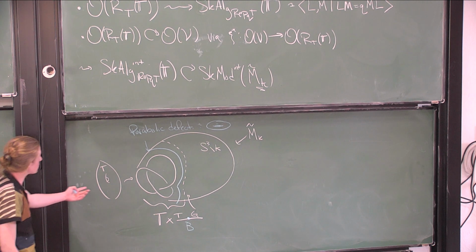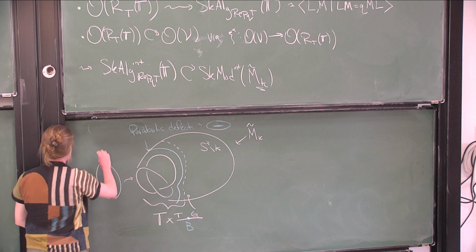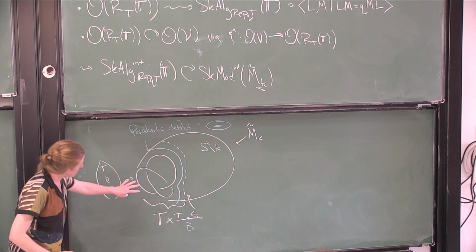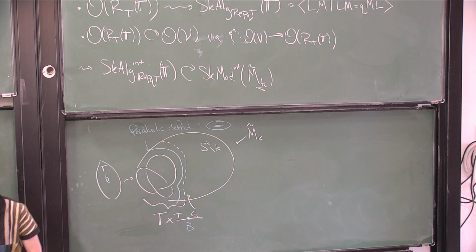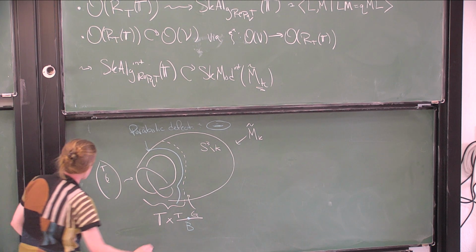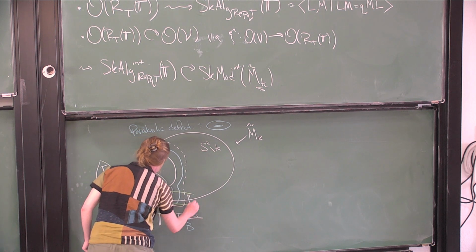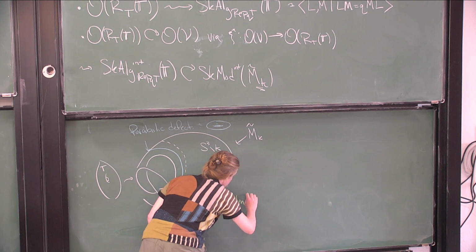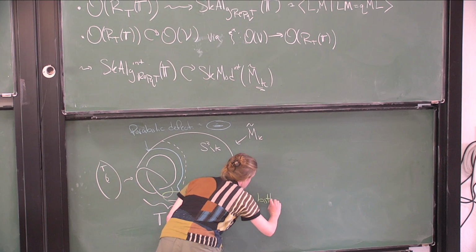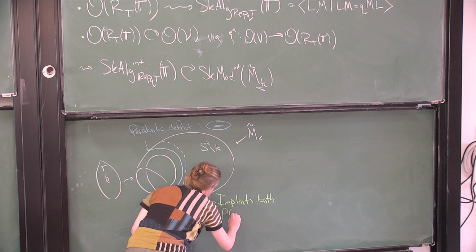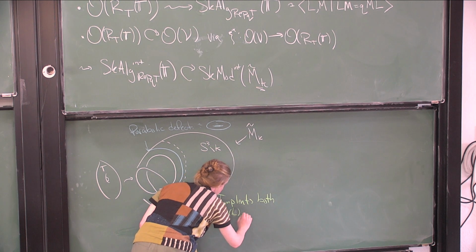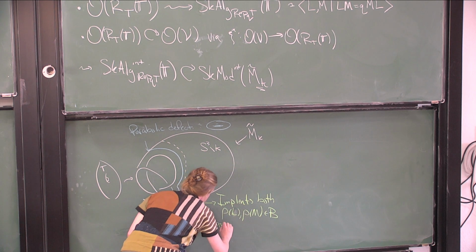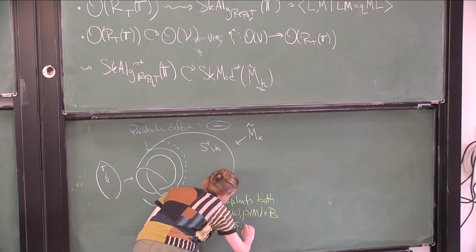So what's going on? Well, here I have the right type of module because I'm acting by a torus, that's colored by T. And here, what am I doing for myself with this defect? The argument is that this whole part here implements both this restriction in the Borel and this projection.